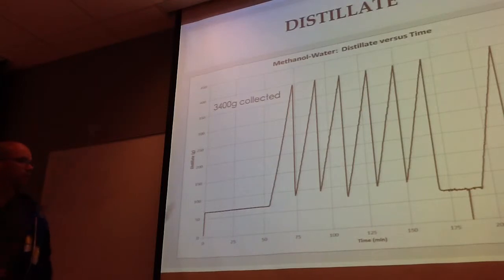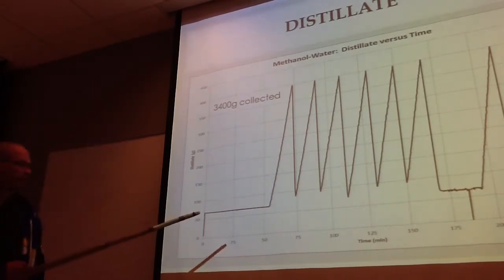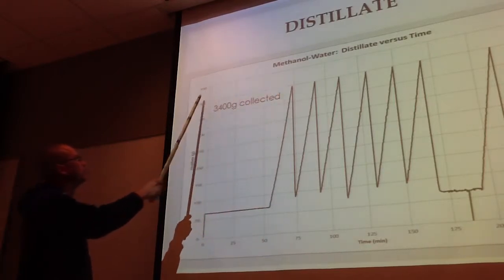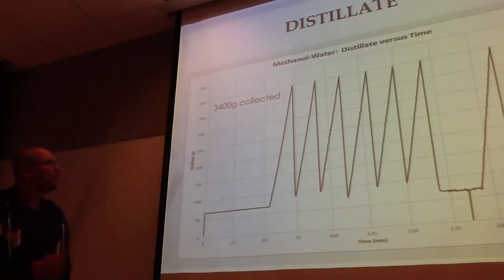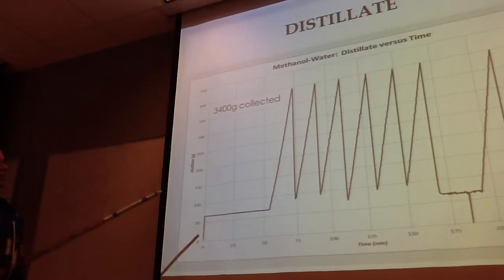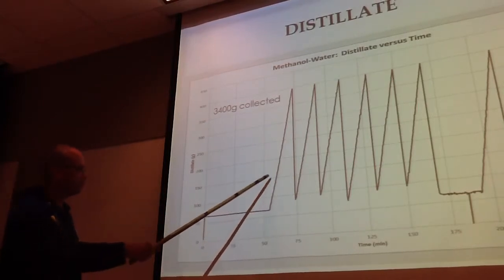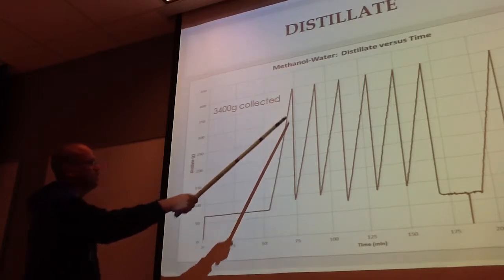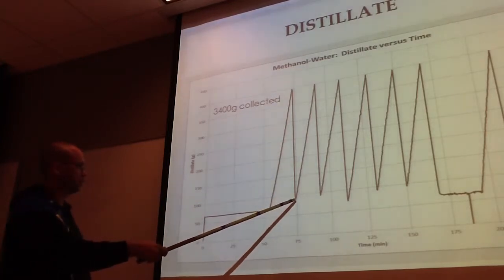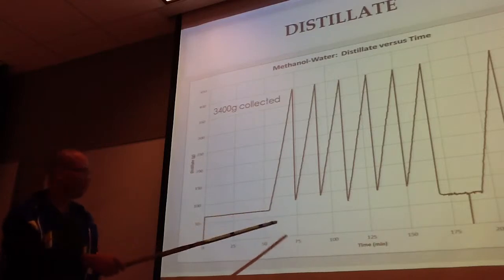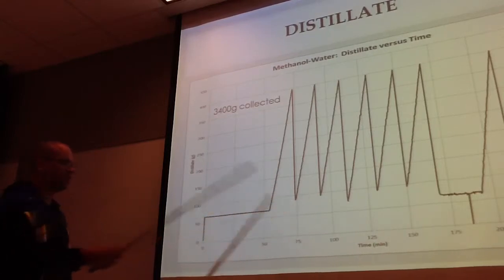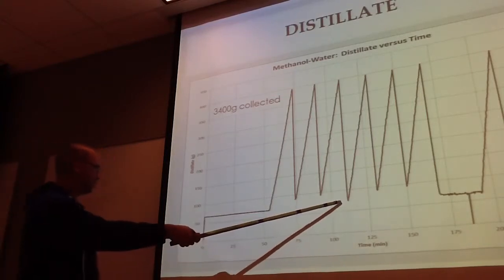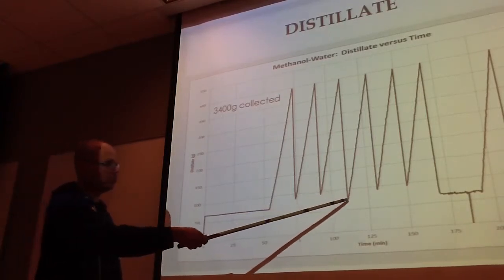The outlet runs down to a solenoid valve that is set to open once the scale reads 400 grams. And so as the distillate is collected into the cup, you collect it over versus time in minutes up to 400, then it dumps back to just whatever's left in the cup, which for most of these turned out to be right around 80 grams, except occasionally you get ones that for some reason dip below.